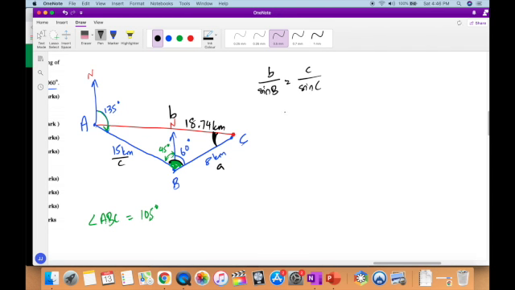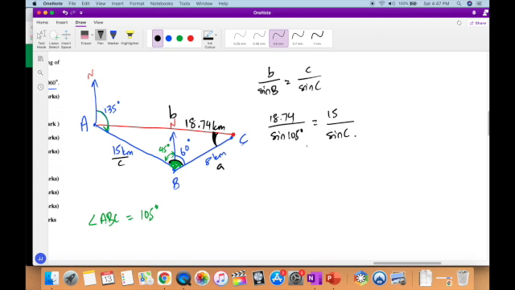So 18.74 over the sine of 105 degrees is equal to the side C, which is 15, over the angle C, which is what we want to find.